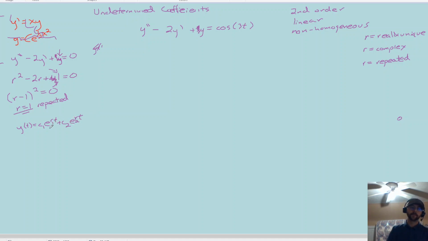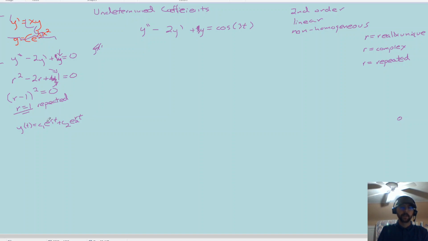And the problem is, if I use this r equals 1 for both values, then both of these terms will be e to the 1 times t. So it'll be some constant e to the t, some constant e to the t. And based on some really fancy mathematics, that can't be the case. You can't have repeated terms.